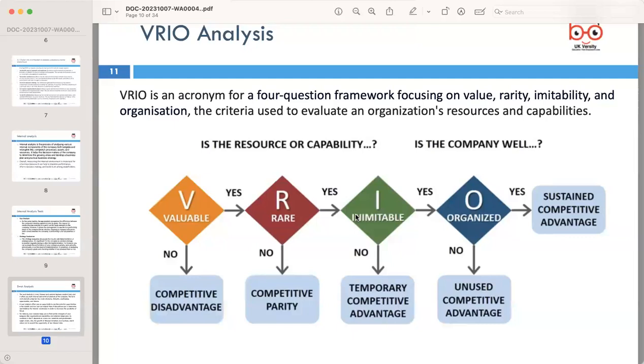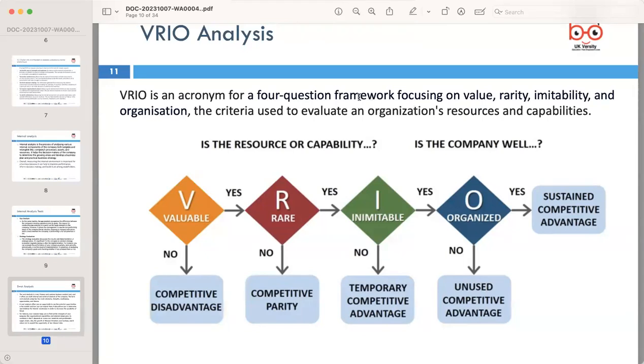So VRIO analysis is basically an acronym for a four-question framework focusing on value, rarity, imitability, and organization, the criteria used to evaluate an organization's resources and capabilities.